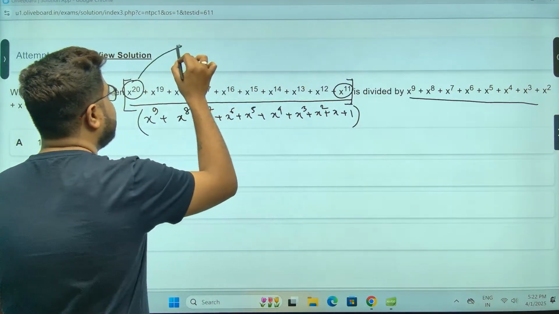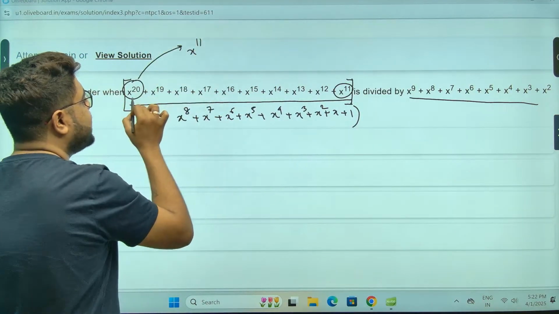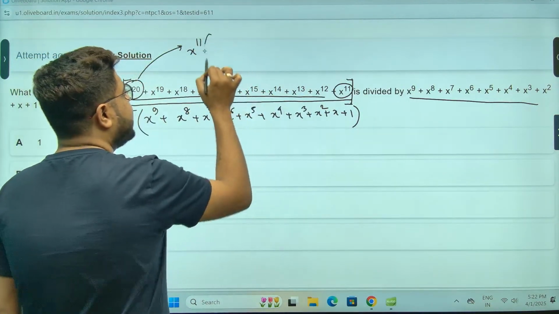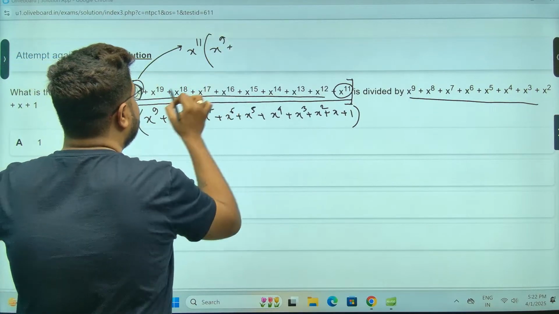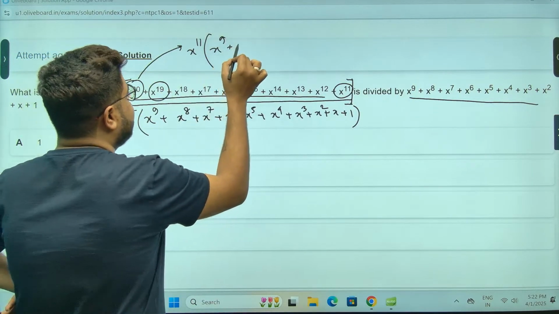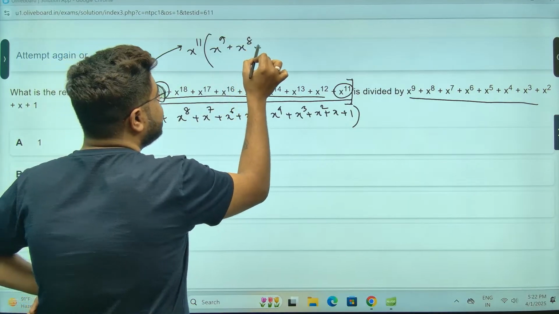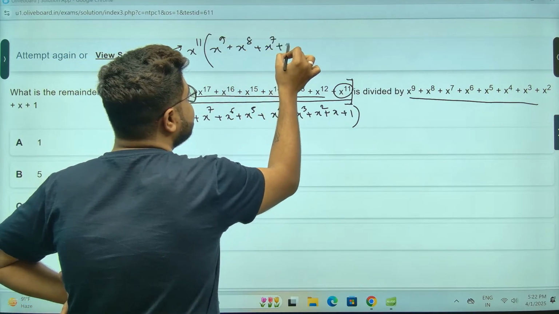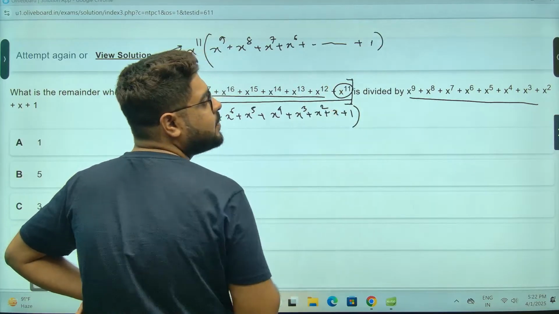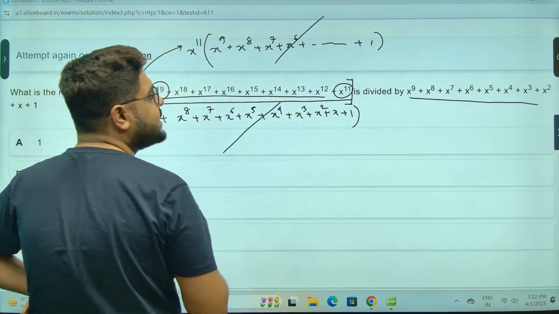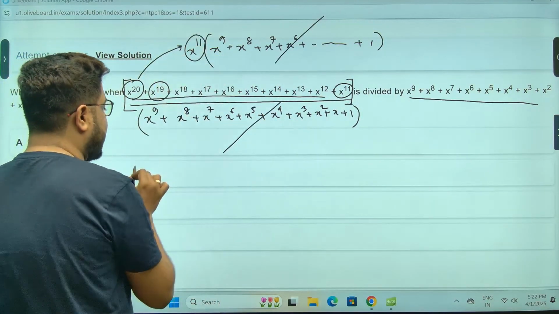That means can I take x to the power 11 common from the whole thing, sir? Now if I take it, so 20 minus 11 it will be 9. What is remaining over here, 19 minus 11, 8, sir. Again, sir, I'll get this. At last, 1 will remain.